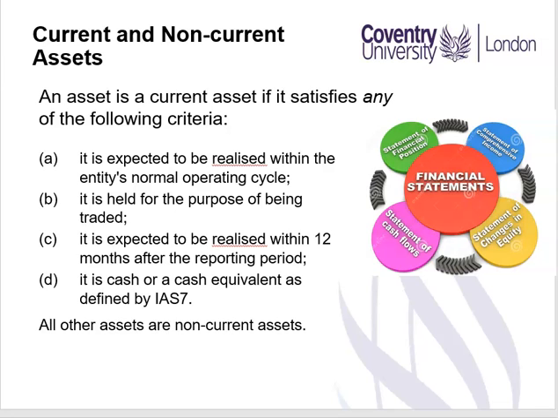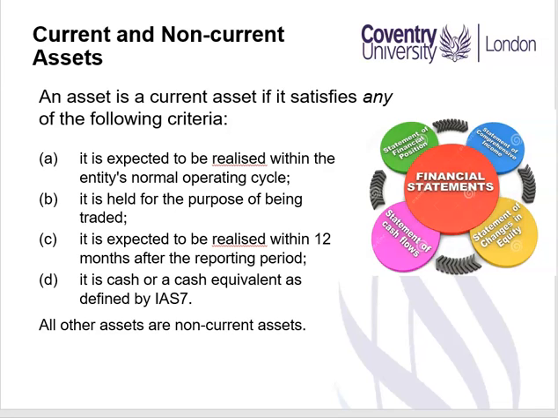If it is 1 year, then it is expected to be realized within the next 1 year. It is held for the purpose of being traded, like inventory. So that would be a current asset. It is expected to be realized within 12 months after the reporting period. It is cash or a cash equivalent as defined by IAS 7, Statement of Cash Flows.